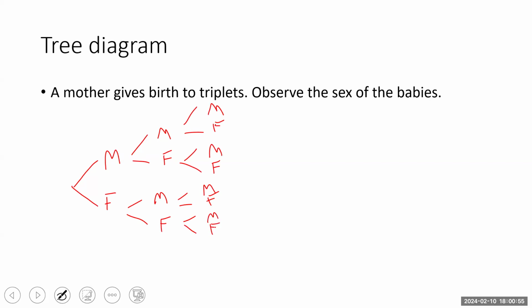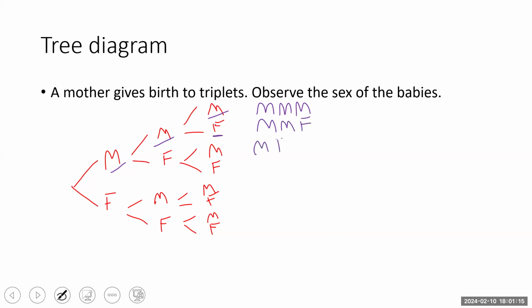Okay? So if I follow this tree along, let me change my color. If I follow this tree along, male, male, male, my first possibility is male, male, male. Now, if I follow it along here, I get male, male, female. That's how I get to this leaf.